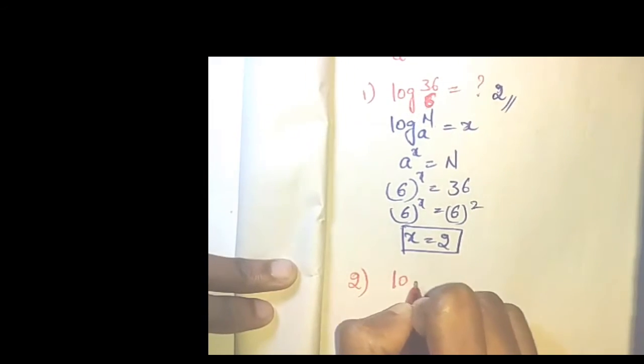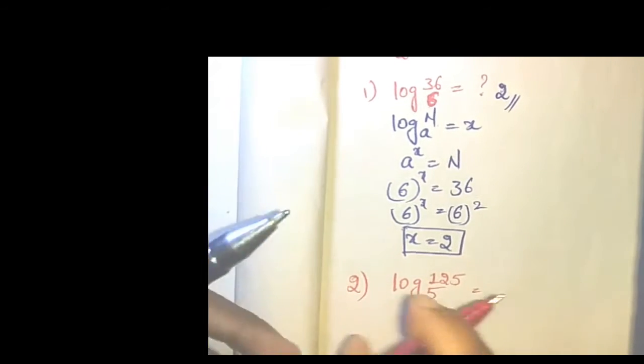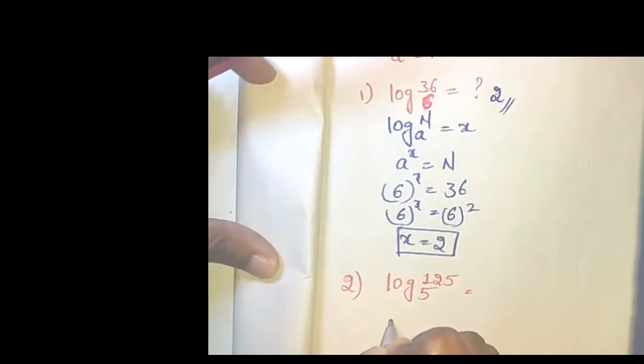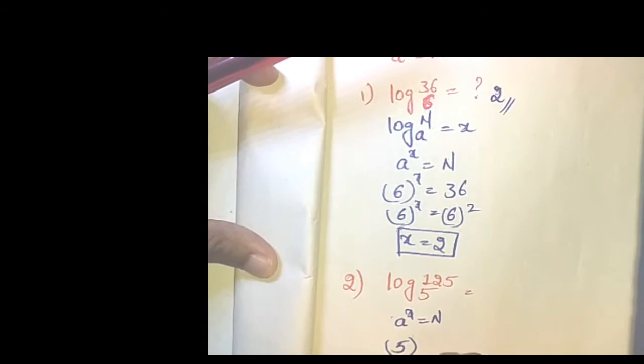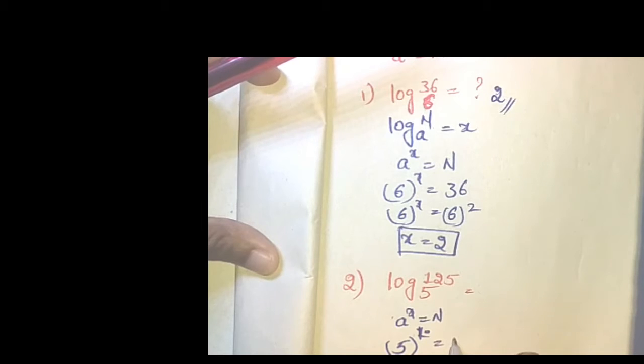Now let's see one more problem, that is log 125 base 5. So by this directly we can solve, that is a power x is equal to n, 5 power x is equal to 125.